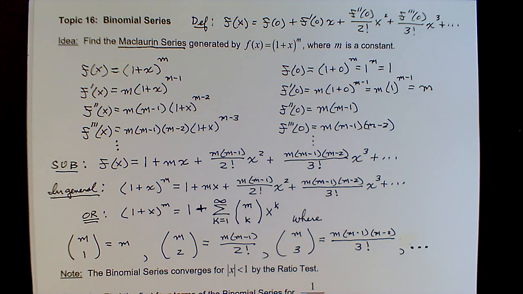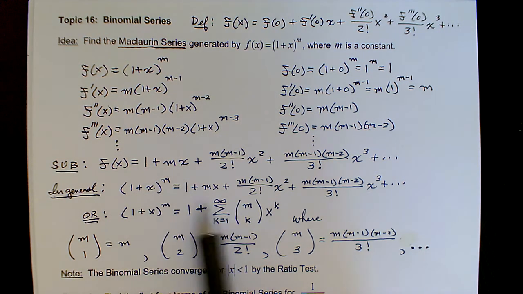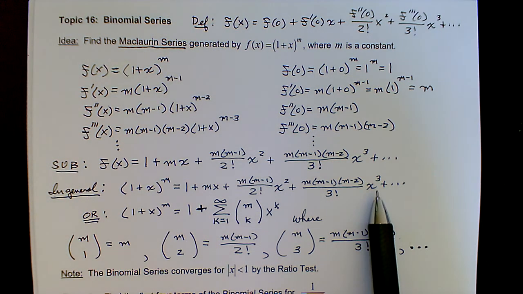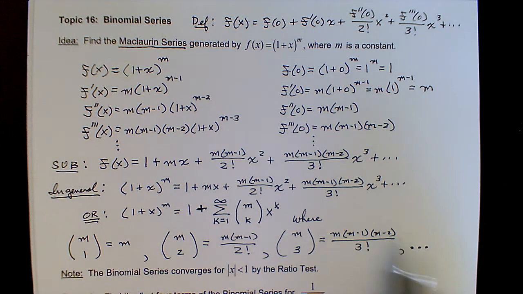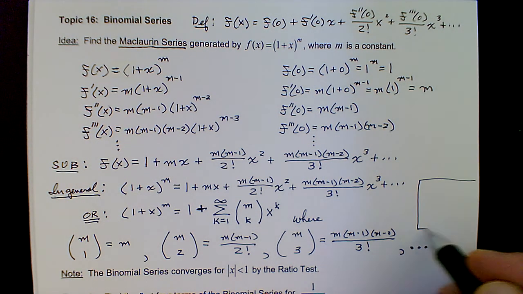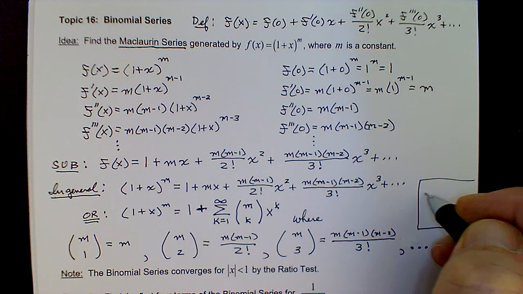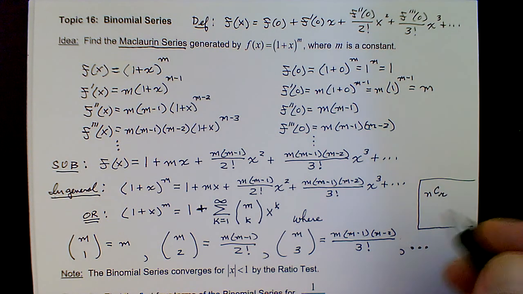But last time we showed what you see here, the development of the formula for the binomial expansion of 1 plus x to the nth. You can think of it in these terms, or if you want to think of the combinatorial coefficients. By that I mean the combinatorial coefficients you might remember, like nCr for combinations.